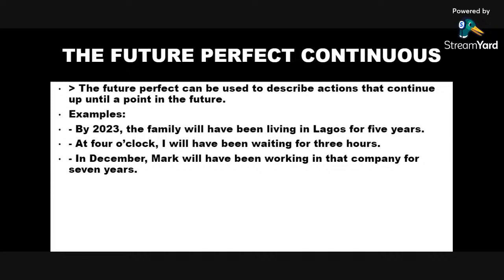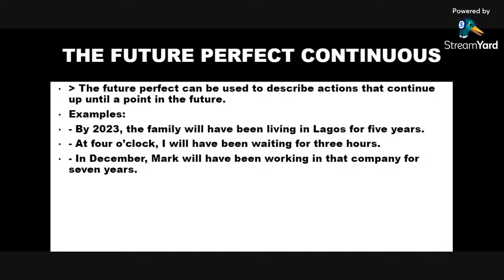And then from the point of speaking, you can calculate how many years the family will have been living in Lagos by 2023, okay? Let's take as an example, now we are in 2022, and probably, let's say, the family came into Lagos.